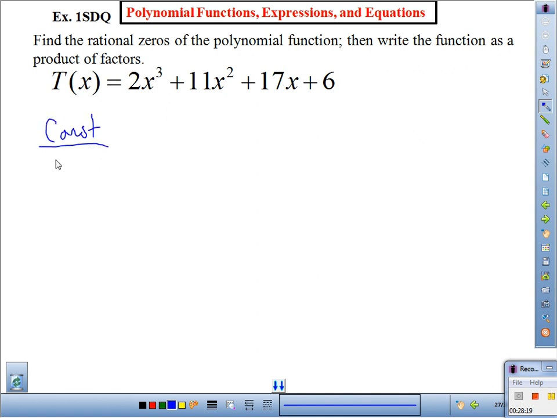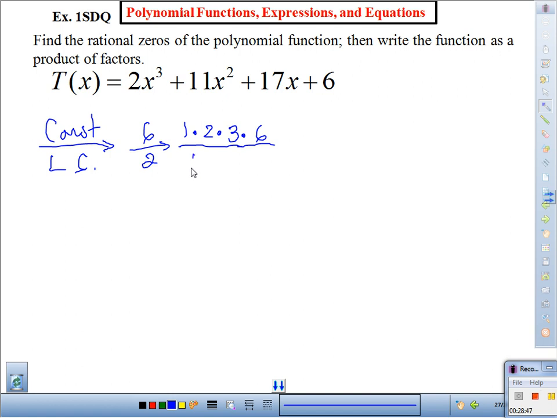Constant over leading coefficient. What is my constant? And my leading coefficient? 2. So, factors of 6. 1 times 6, 2 times 3. And the other one is 1 times 2. Okay.